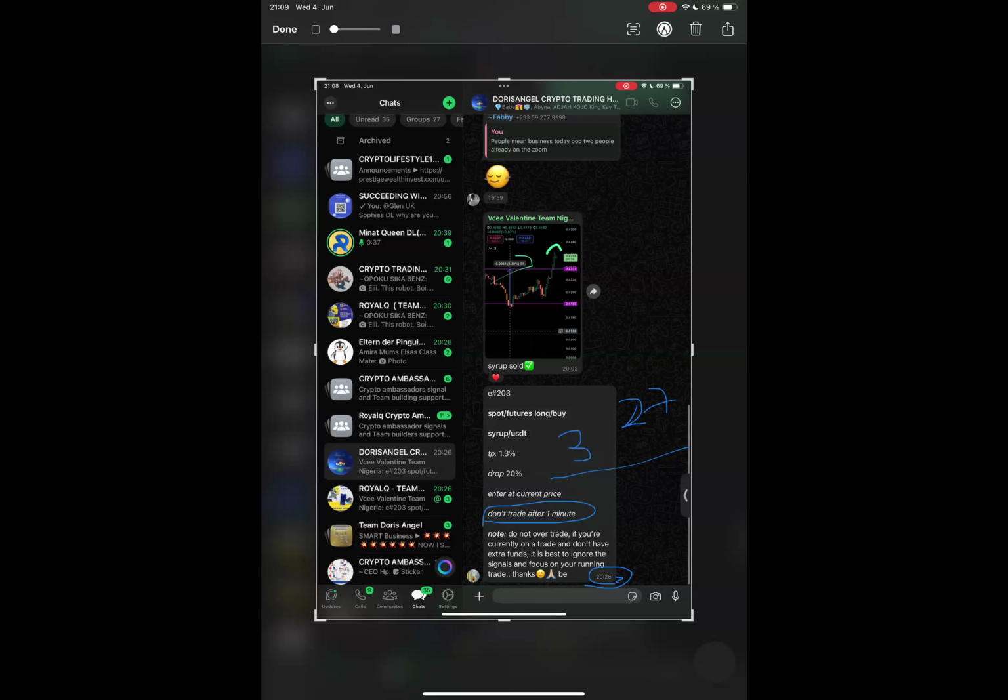So you don't enter into the dip. That is what he means by don't trade after 1 minute. After 1 minute of him posting this. So if you came to meet the signal at 20:28, 20:30, do not trade it because it's more than 1 minute. And if you see the ones with 3 minutes or 4 minutes or whatever time, just calculate it like that. Okay? Grace, did you get that clear before I continue? Did you get that? Just type yes, you got that before I stop sharing the screen, please.